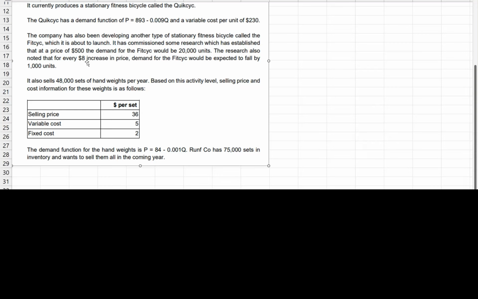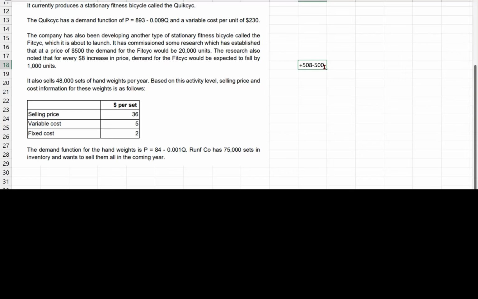So as I said, if the question had told that at the price of 508 the demand would be 19,000, in that case we would need to calculate the change in price by ourselves. And how can we do that? We change the price to 508, and the current price is 500.